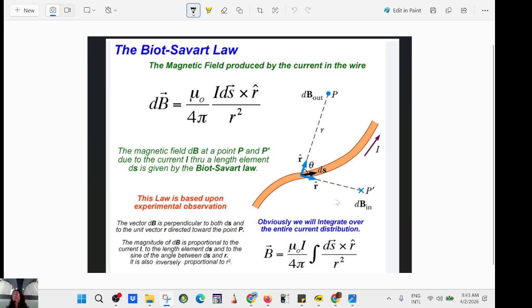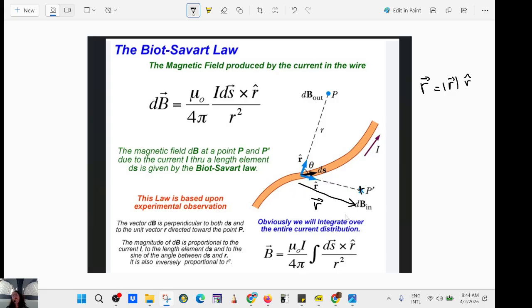But like the problem we did last time, instead of giving you this point here, they're going to give you this r here, that vector position. So r, the magnitude is obviously r, and that will be the direction, r hat.